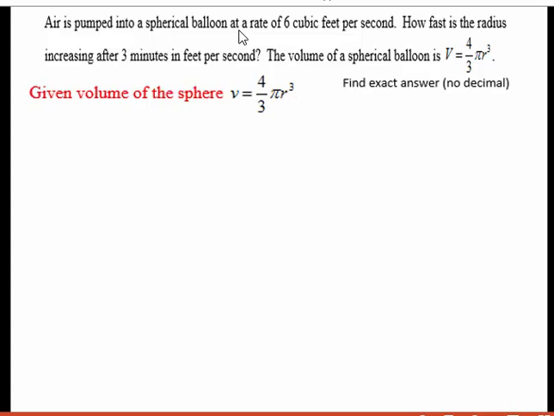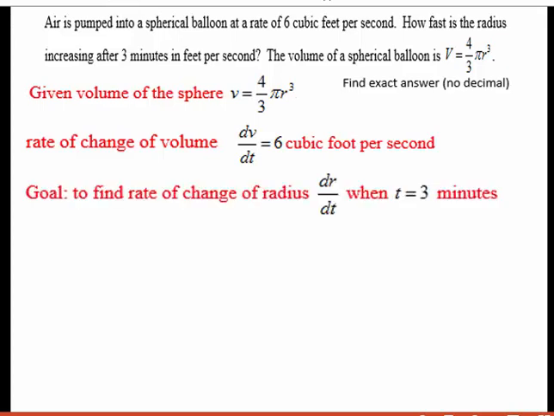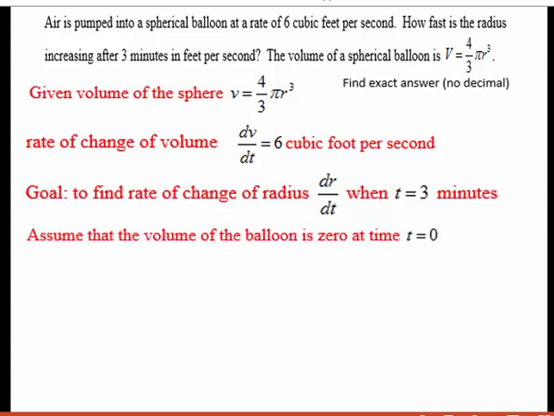The volume of the sphere is the equation we know. The rate of change of volume is given. The goal is to find dr/dt when t equals 3 minutes. Assume that the volume of the balloon is 0 at time t equals 0.